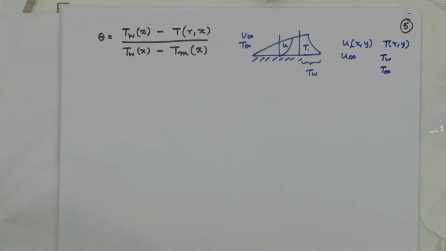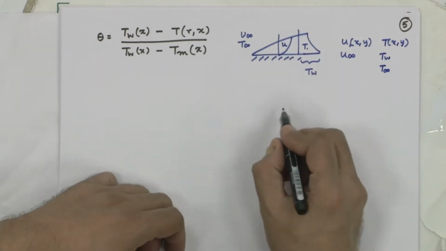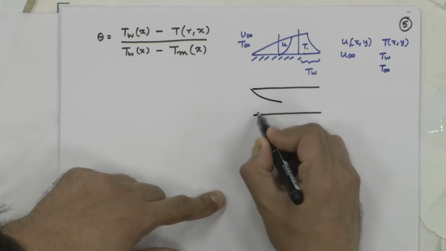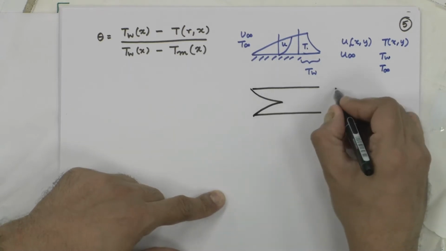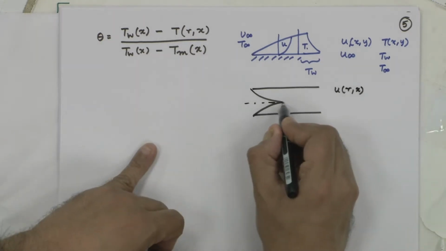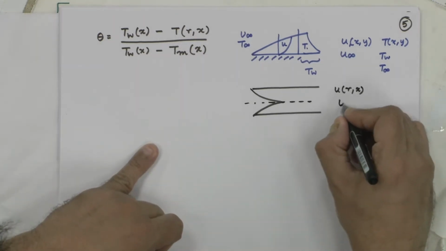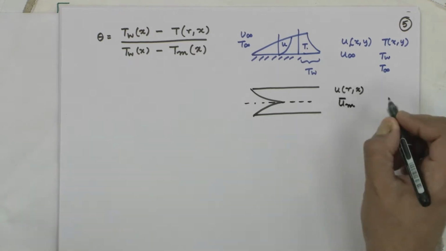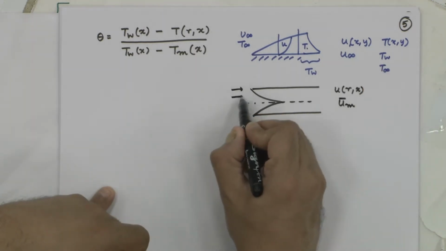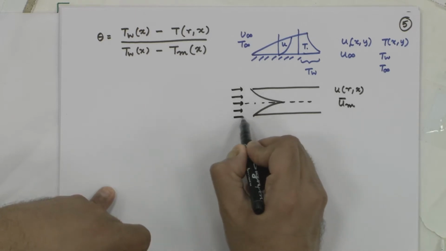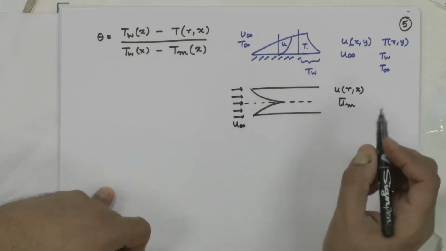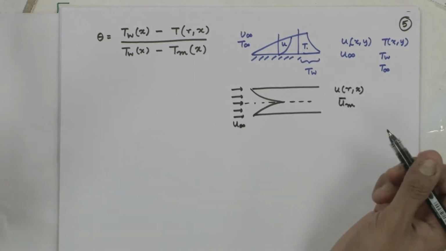In internal flows, now that we have seen internal flows, what are the things I deal with? U of r comma x instead of x comma y, that really does not matter. U bulk mean takes the role of u infinity. U infinity was the velocity with which the fluid came in. Once the fluid comes into this confined channel, u infinity loses its significance completely.